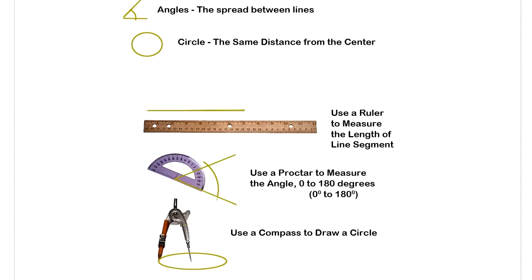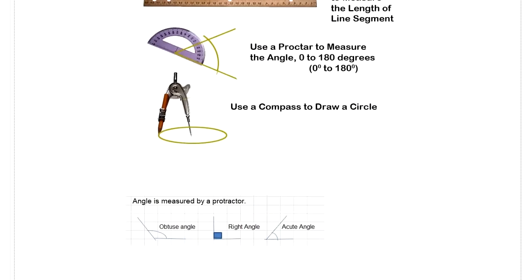Also you have a protractor. A protractor shows the angle between two lines, and if you go all the way to a straight line, it's going to be 180 degrees. Now how do you draw the circle? You also had this tool in elementary school.